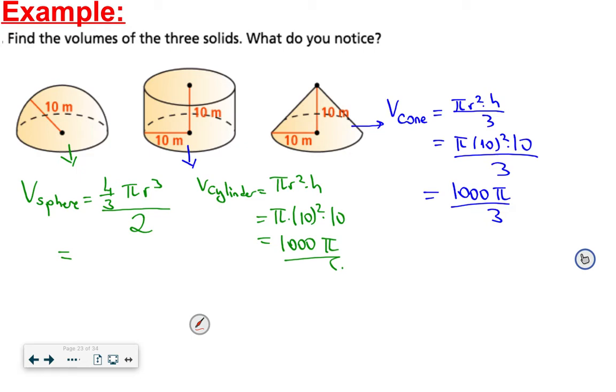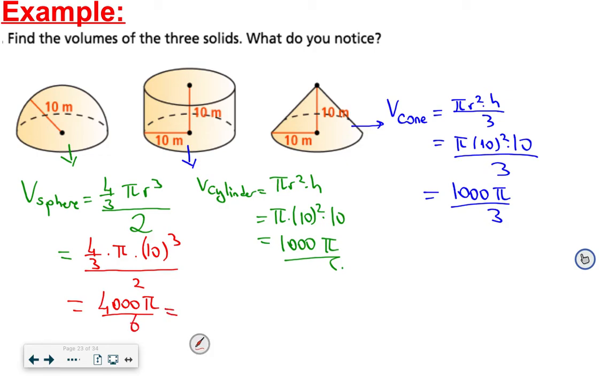Okay, let's do it. 4 over 3 times pi times what is the radius? It is 10 cubed over 2. From here, if we calculate 4000 pi over 6, when you simplify, you will get 2000 pi over 3 is your answer.